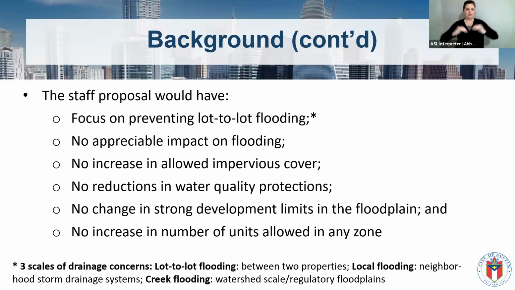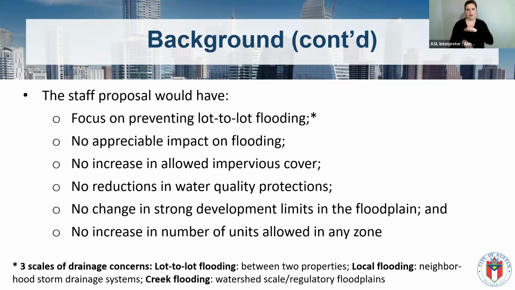I always want to stress, as I'm talking about this, that Home 1 and Home 2 and site plan light, none of these have increased allowable impervious cover. So if you had a certain cap on your project in the past, you still have it. I didn't put this on here, but I have a slide that talks about it. Tree protections remain the same. There's no diminution in regulatory strength on those. We're not reducing water quality protections. For some of these projects, there's a water quality requirement that will stay the same.